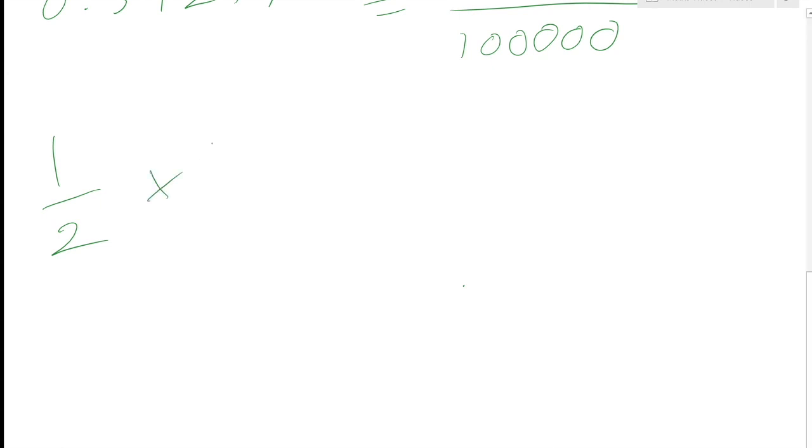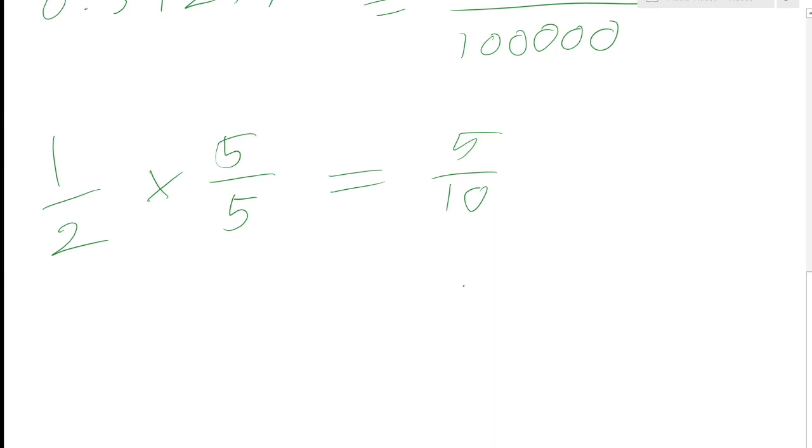How do we do that for a half? Well, we can multiply by 5 over 5. 5 over 5 is still 1, therefore we're not changing the number because multiplication by 1 doesn't change anything, but it enables us to rewrite the number in a more usable form. We find that this is equal to 5 over 10, and then we can use place value.